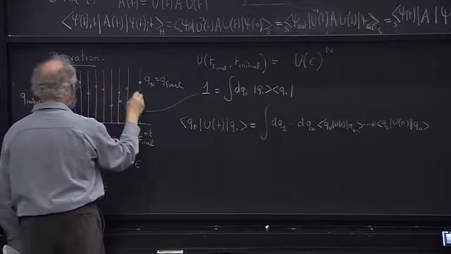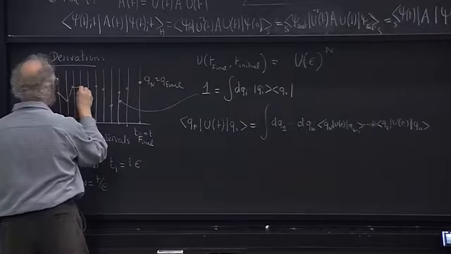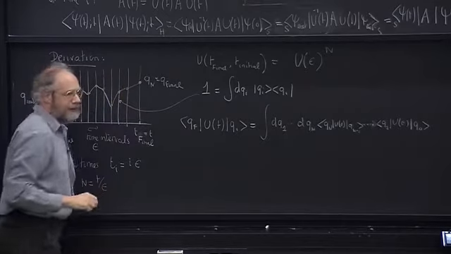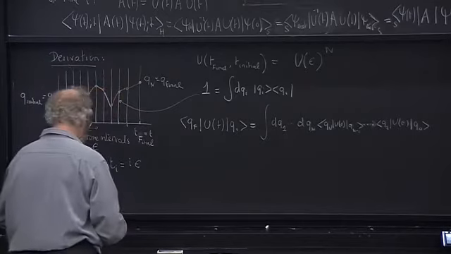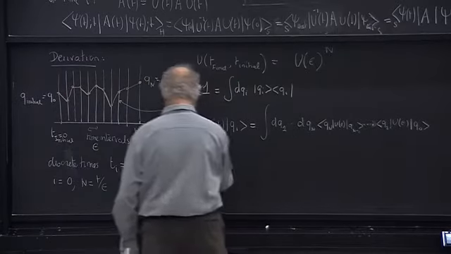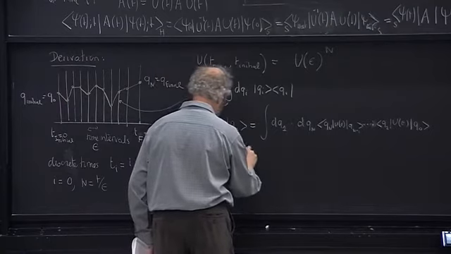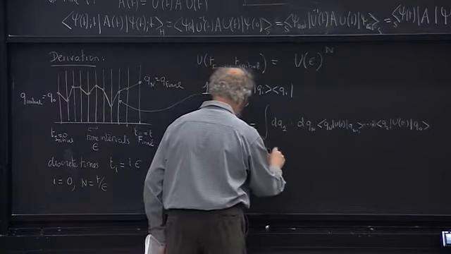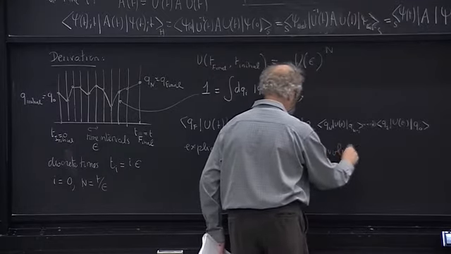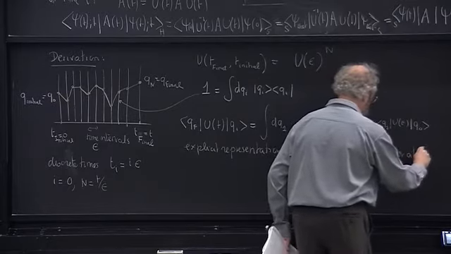But to each configuration, to each choice of q_i, you can associate a kind of classical history. And now you should use an explicit representation for the evolution operator at short times.